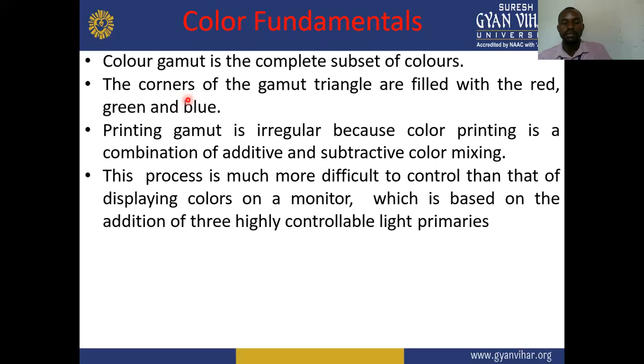So we can summarize and say that the color gamut is basically a complete subset of colors. The corners of the gamut are filled with the purest colors, that is green, red, and blue. The printing gamut has an irregular shape because color printing is a combination of both additive and subtractive colors.